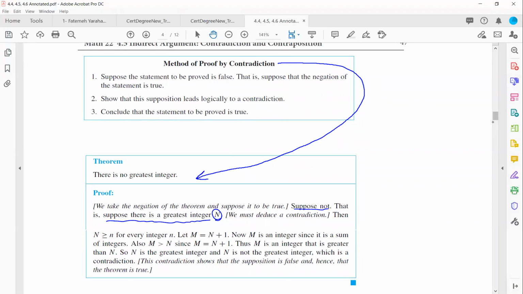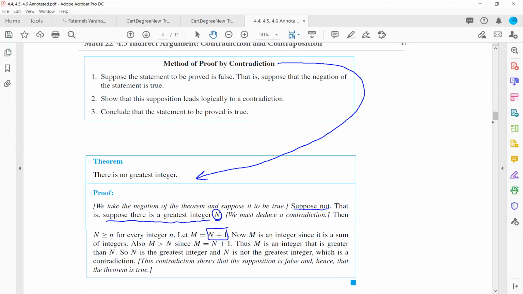So we are saying that we can find an integer which is the greatest possible integer. Now suppose I take 1 as another integer and add it to my greatest integer n.